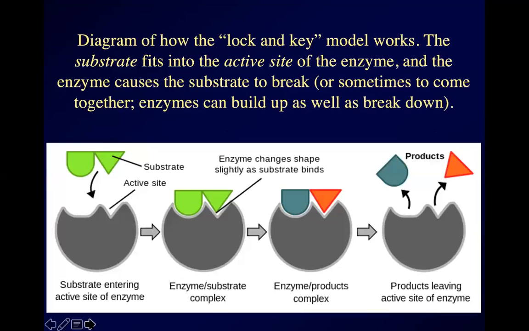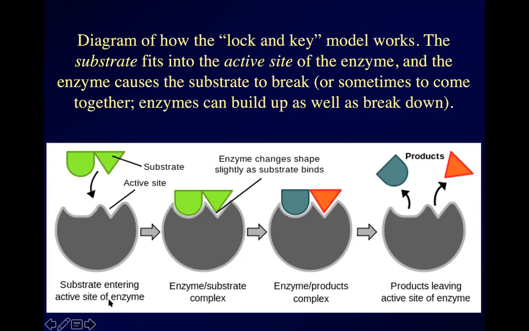And here's a diagram of how this looks. In gray, you've got an enzyme molecule, and it's got this funky shape. And then the substrate fits into the active site. The enzyme may actually change its own shape just a little bit as the substrate binds in there. We call that induced fit. Don't worry about that here.